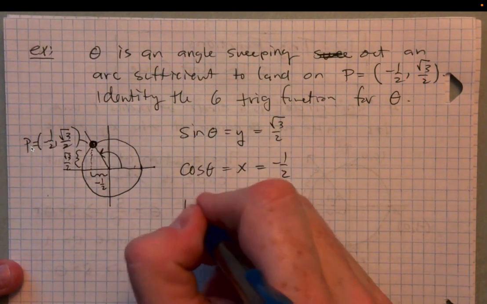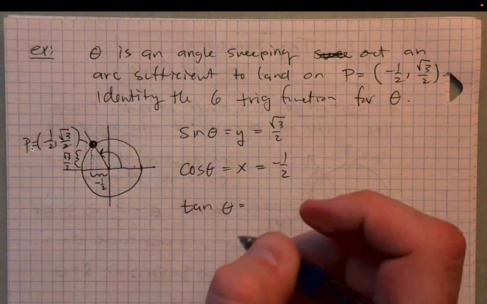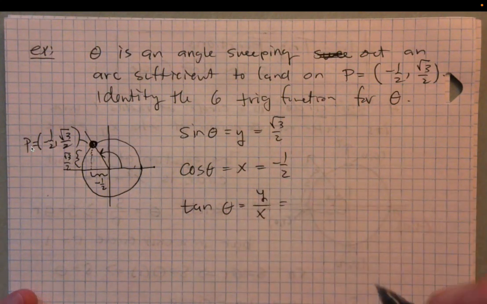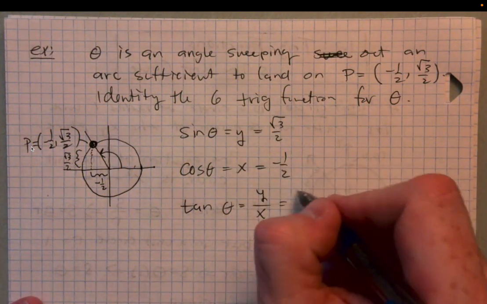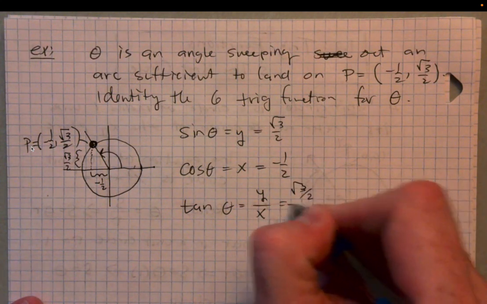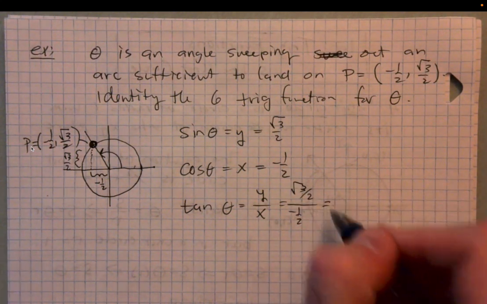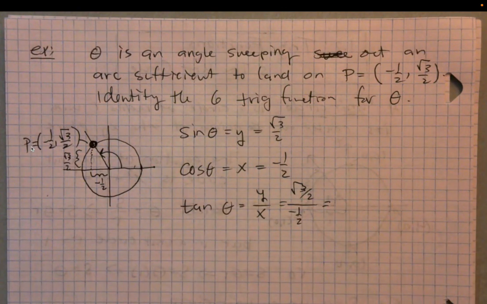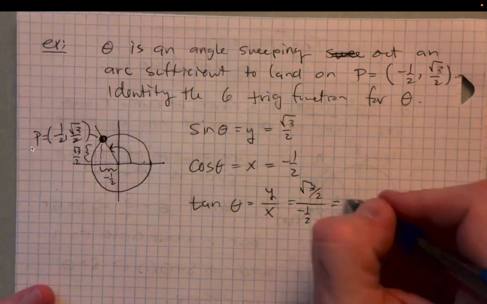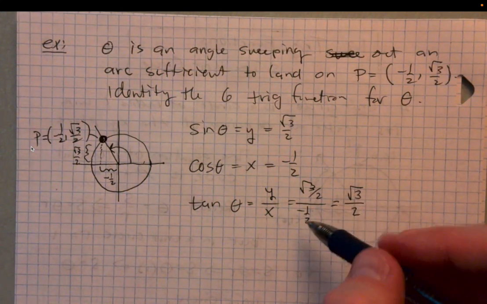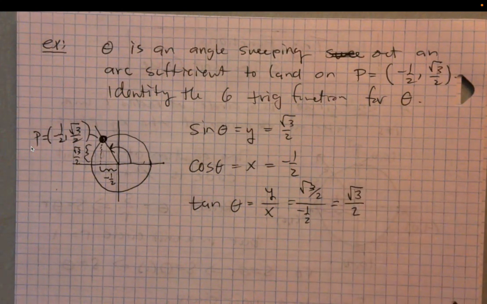And the tangent of theta is equal to y over x, right? So in this case, y is equal to the square root of 3 over 2, and x is equal to -1/2. So we have to know how to deal with division of fractions, and we have to remember that dividing by a fraction just means you multiply by the reciprocal of the fraction.